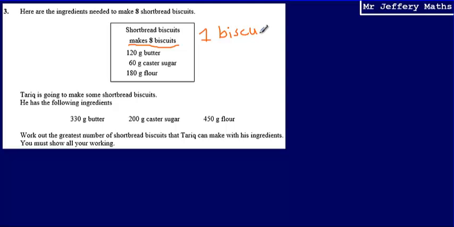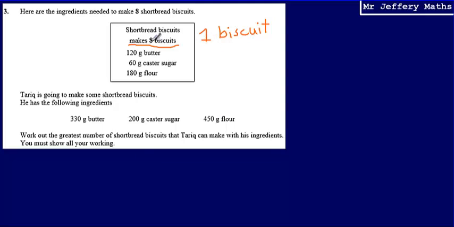Because if I find out how much we would need for 1 biscuit, I can then just take that amount and divide it by our quantities here. And that would tell me how many I would be able to make. Just taking the quantity needed for 1 biscuit and dividing it by each ingredient. And that will tell me the exact number that I'd be able to make. So let's take a look at this.